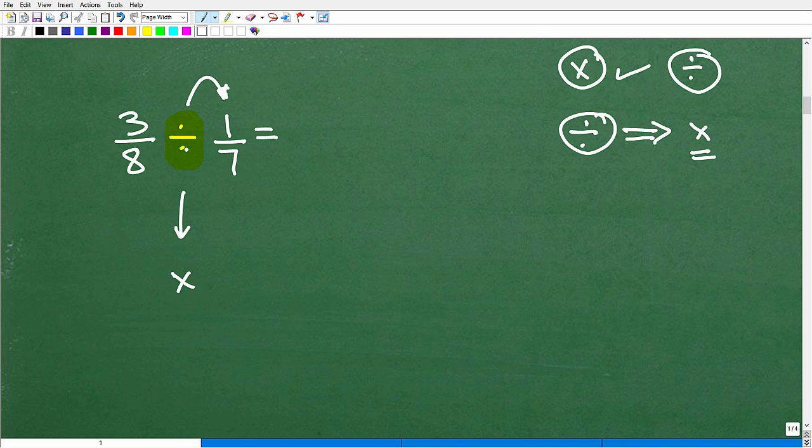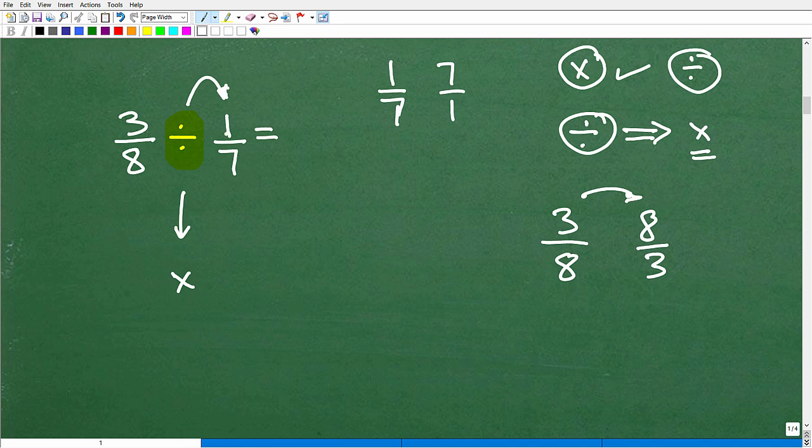We're going to flip upside down. So 1/7, if I flip it upside down, I get 7 over 1. If I have 3/8 and I flip it upside down, I get 8/3. This is called the reciprocal, right? But you could just think of it as flipping it upside down.